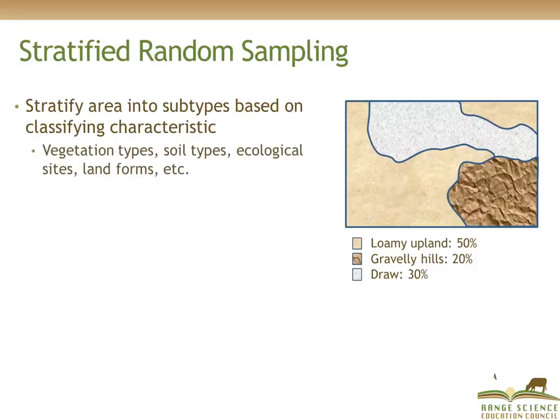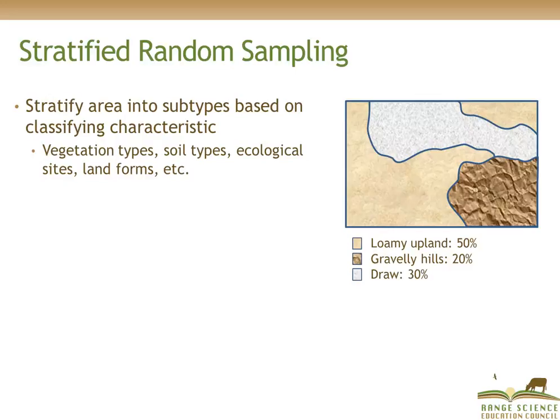Stratified random sampling is a sampling approach that is very commonly used to measure attributes in natural resources. With stratified random sampling, we stratify an area into subtypes based on classifying characteristics, such as vegetation type, soil type, ecological site, or landform.